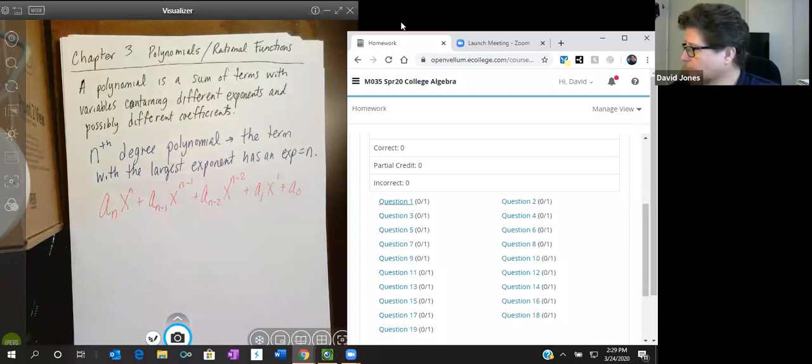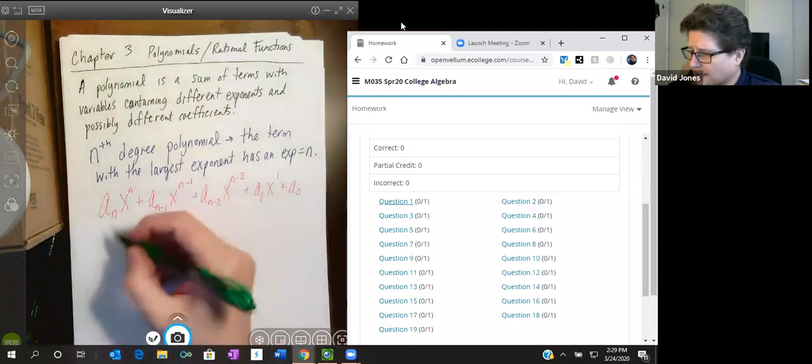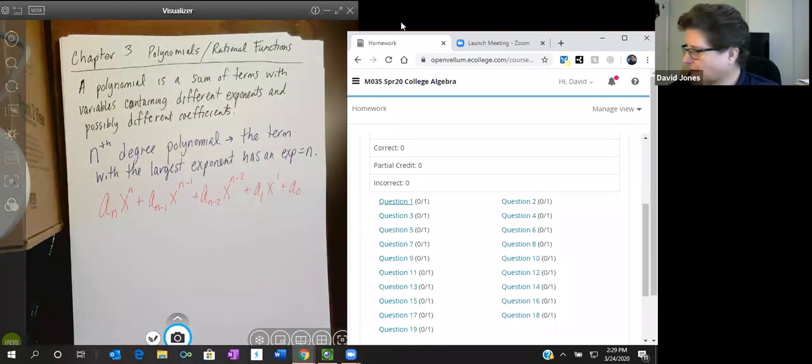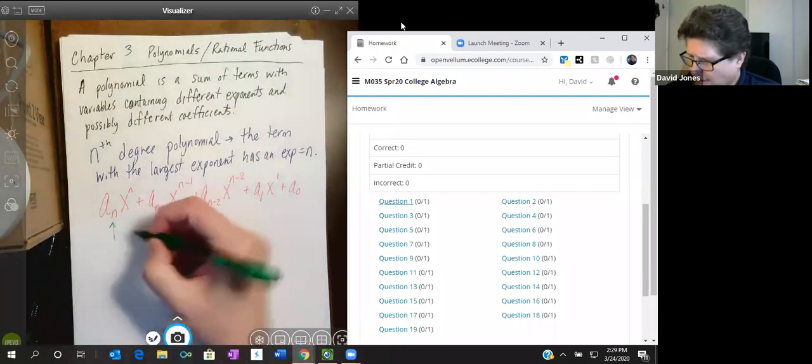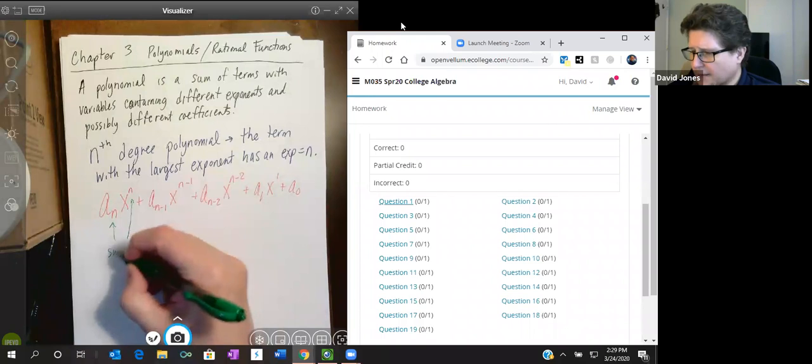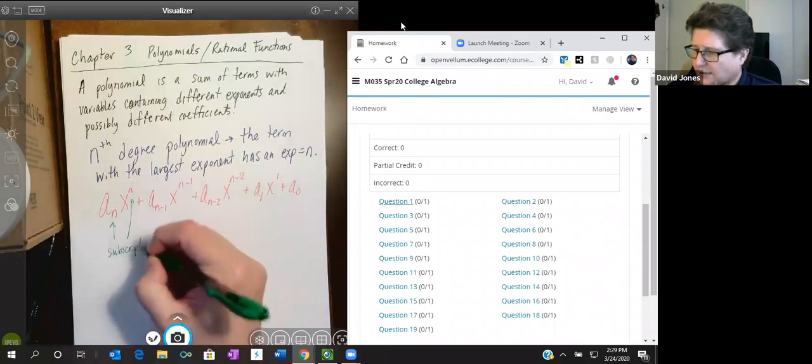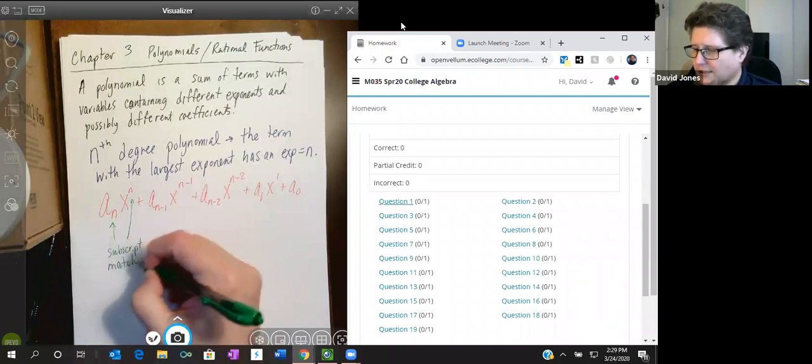Okay? And so this is just a notation for saying the subscript matches the exponent.